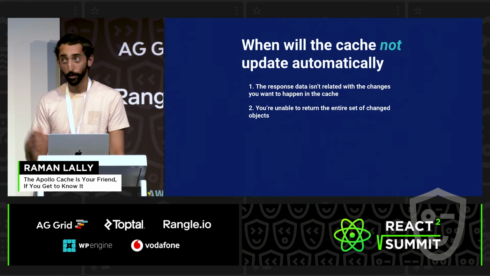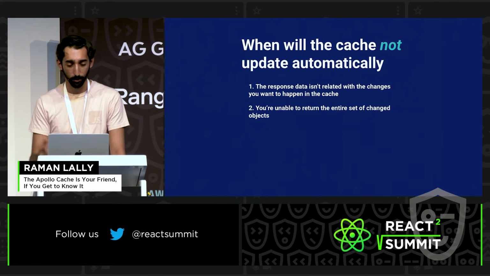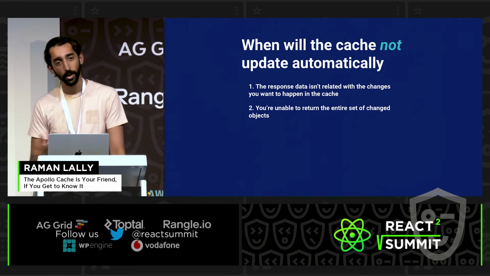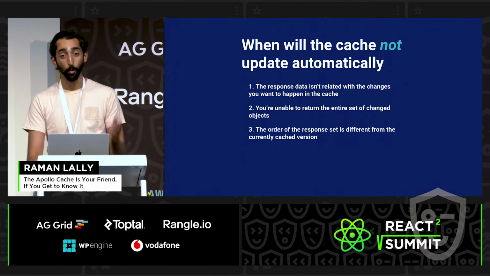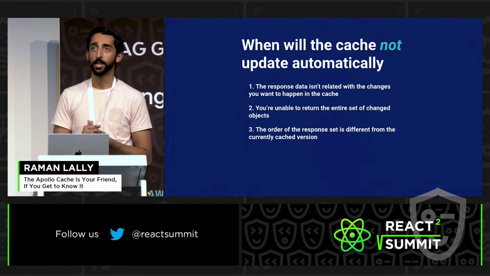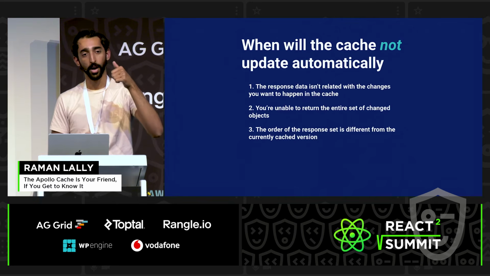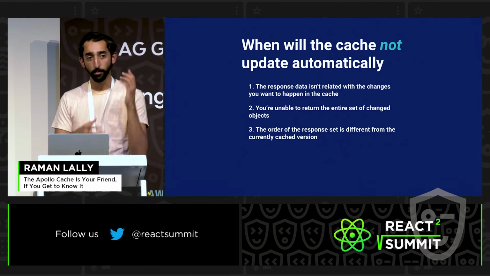So then the rest of these are about lists, because that's really the hardest thing to manage. If you don't return the whole list of updated objects, you're not going to get that automatic update. The same is true if the order changes. So if you were to send out objects in order 1, 2, 3, 4, and you're going to change it to 1, 2, 4, 3, when it comes back, the objects are still the same.